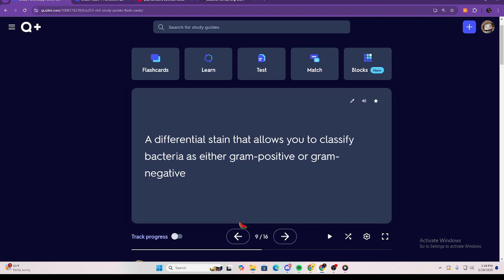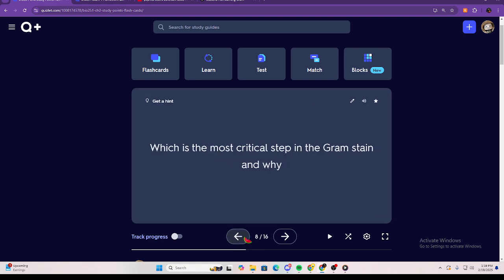It has a thick peptidoglycan and retains stains better than gram negative bacteria, because gram negative has a thin layer of peptidoglycan. You need to know that. Since it has a thin layer, it does not retain stains as well as gram positive, hence why it's pink and why the purple dye is washed away in the decolorizing step.